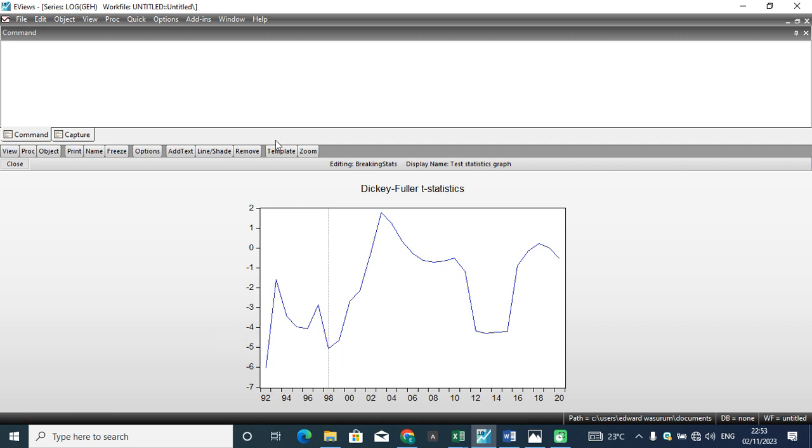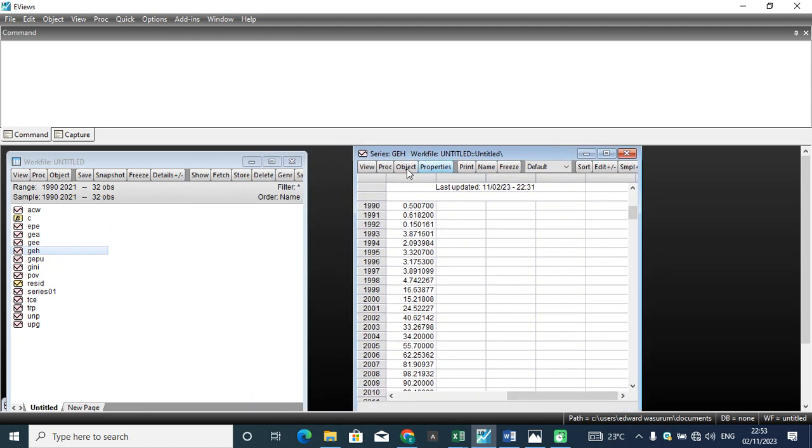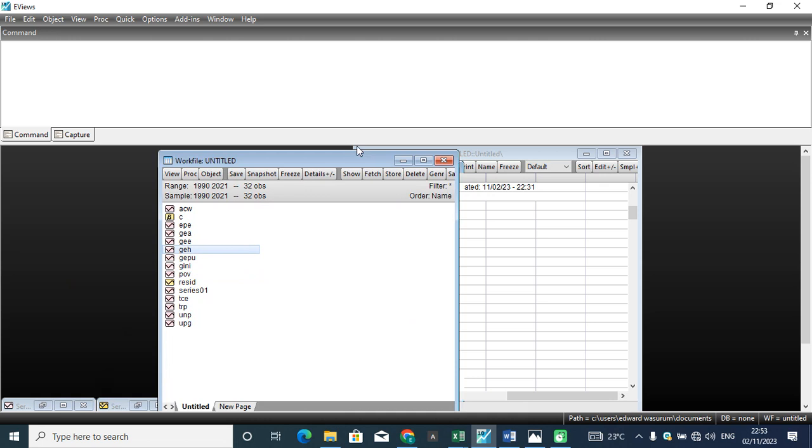You can also go further to look at other statistics, given the estimation that has been done. So that is how the unit root test is performed using the Perron procedure.